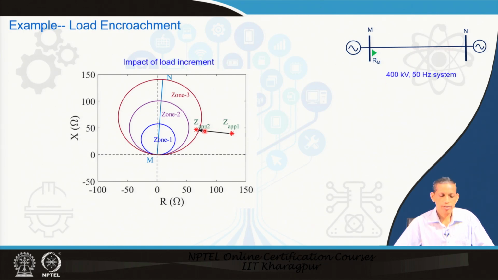In the second case, the apparent impedance seen falls inside zone 3 for this arrangement for the relay R M. So, there is a long line issue and the power flow increases significantly. From the earlier value to this value, this value enters inside zone 3.